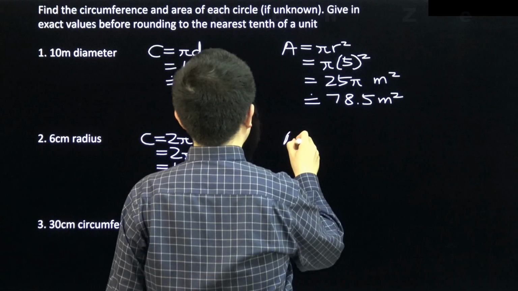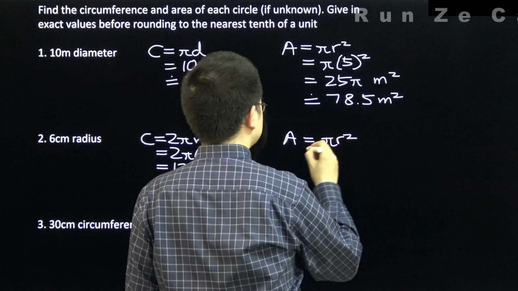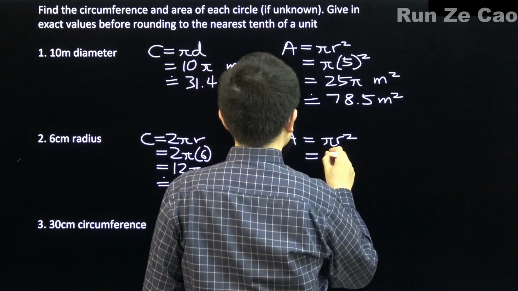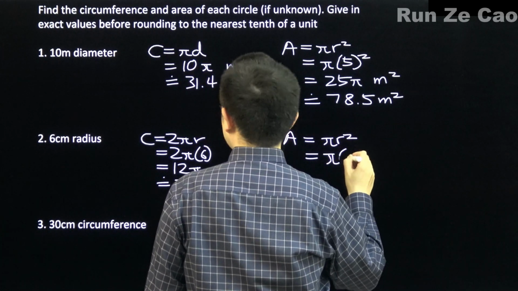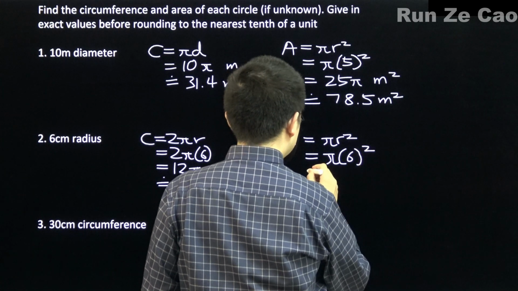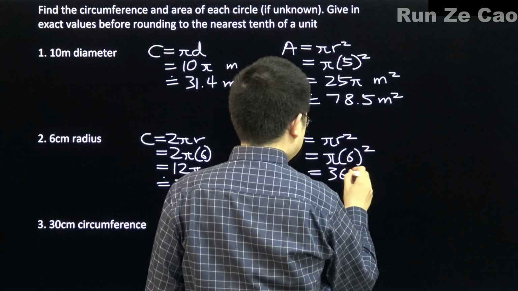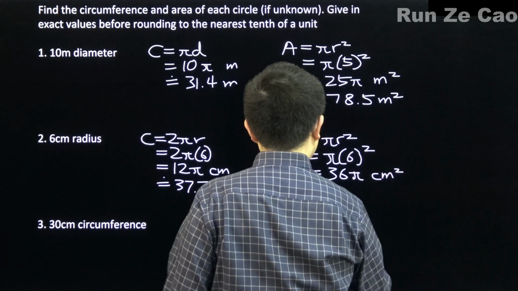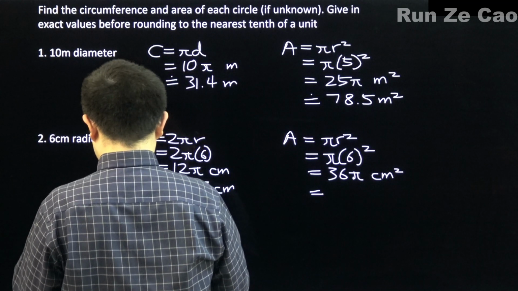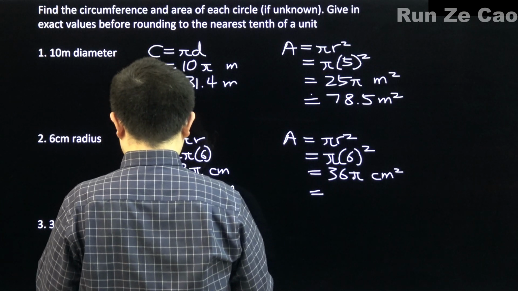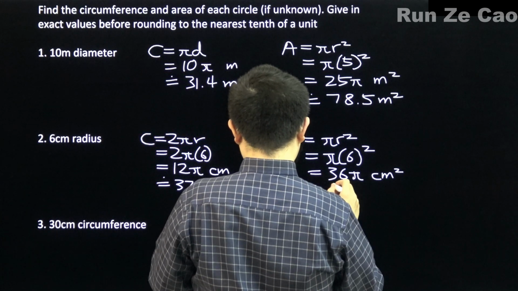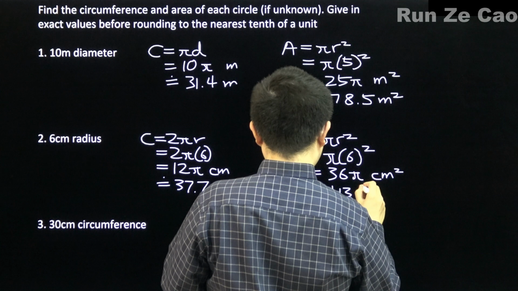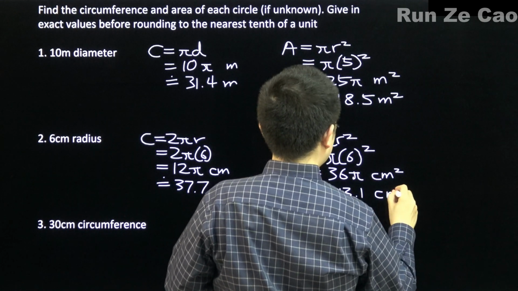Now for area, pi r squared. So pi times 6 squared, 36 pi, and this is in centimeters squared, or square centimeters. So 36 times pi is approximately 113.1 centimeters squared.